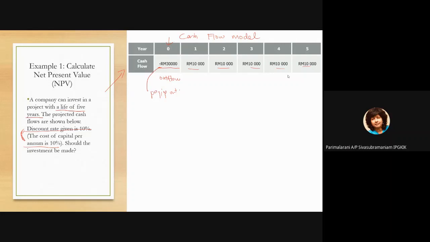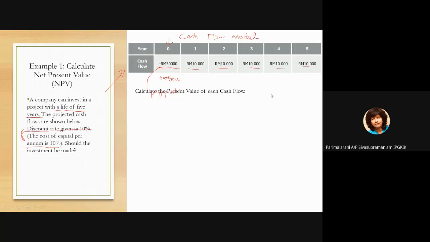People might think, oh, I get 50,000, I'm getting 20,000 more. So you are inclined to think that you are getting a profit. That is wrong. So we must calculate to the present value. Now we're going to calculate and see whether this is worth it or not. We're going to calculate the present value of each cash flow.